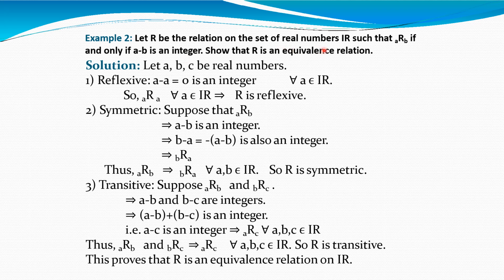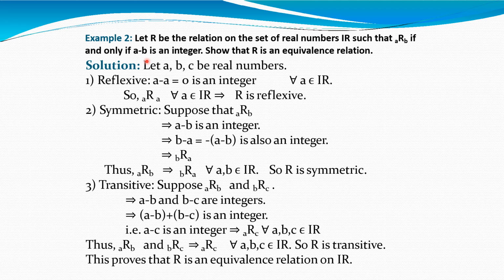Again, if I consider A equal to 10.5 and B equal to 8.5, both are real numbers, and 10.5 minus 8.5 is 2, which is an integer. So 10.5 is related to 8.5. So in this way, the relation is defined as A related to B if and only if A minus B is an integer. Here you can take A and B as any real numbers.